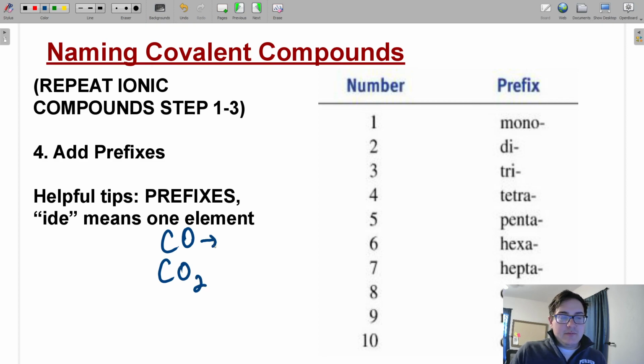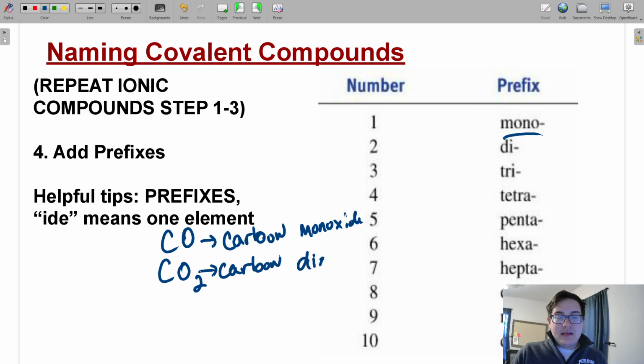So CO is carbon, but it only has one oxygen. So we're going to throw a prefix in front of it and call it monoxide. CO2, that's carbon again, but that's going to be dioxide. Why is that? We're still going to chop off the ending and add IDE, but now we also need to include how many of them there are.